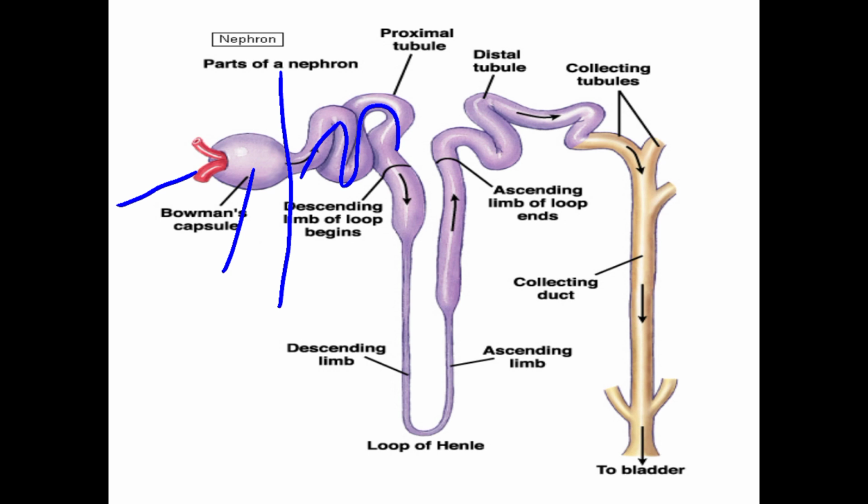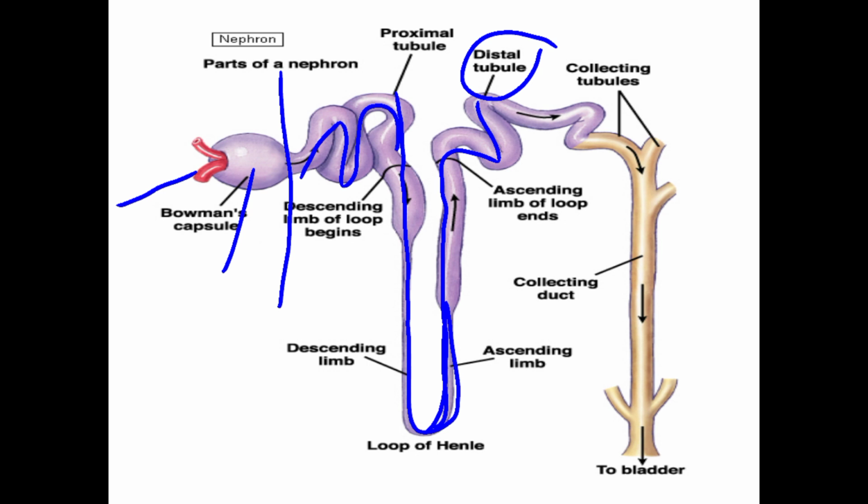Then this is the descending limb, this is the loop of Henle. Then this is the ascending limb, then the distal convoluted tubule, DCT.